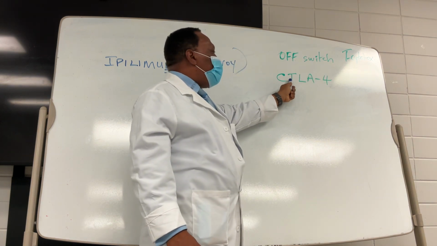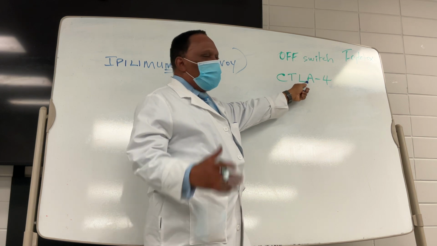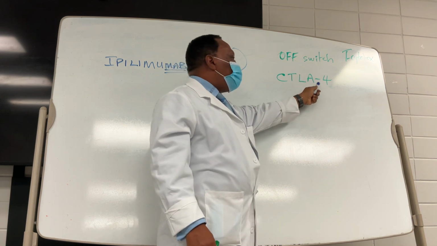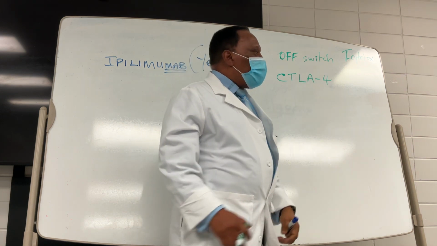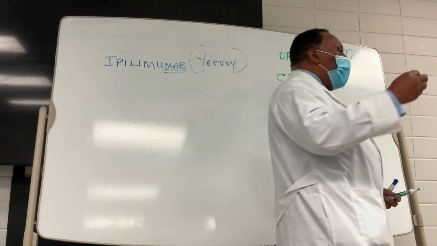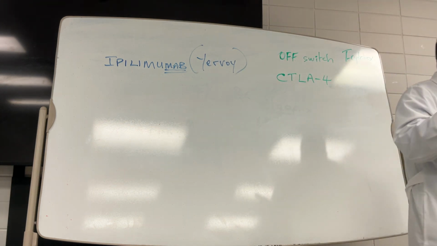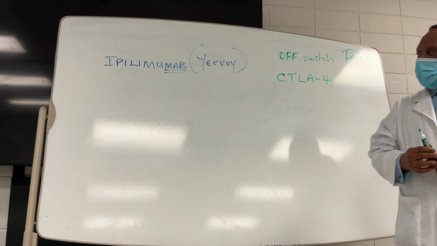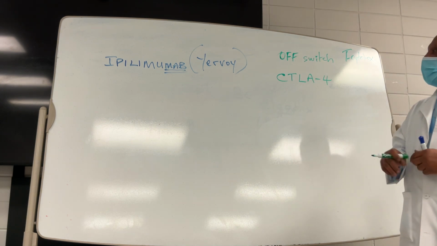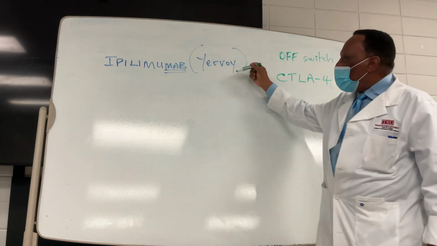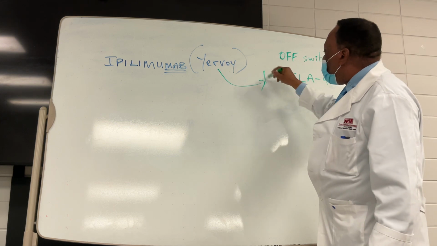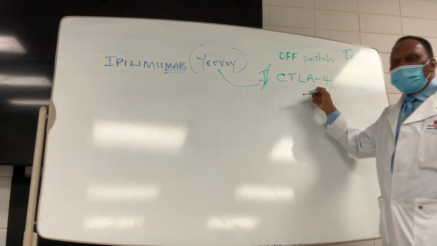So CTLA4 is an off-switch system. Okay. So if you give Yervoy, it will inhibit CTLA4.